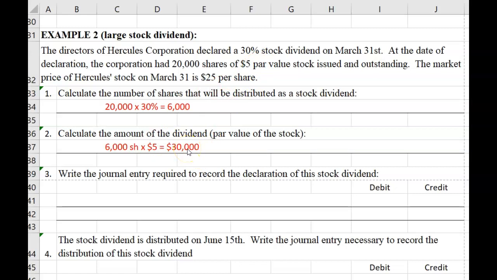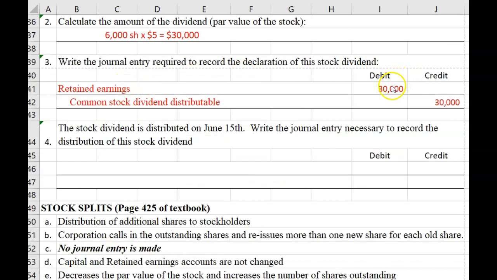Now we have everything we need to write the journal entry required to record the declaration of the stock dividend. Debit retained earnings for the amount of the dividend. Credit common stock dividend distributable, $30,000. On June 15th, the company actually distributes the 6,000 shares to stockholders of record at that date.